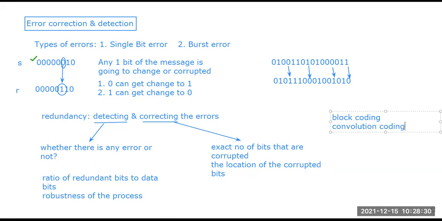These two types of coding schemes are available to detect an error. Let's see the process one by one: what happens in the case of block coding and what happens in the case of convolution coding.